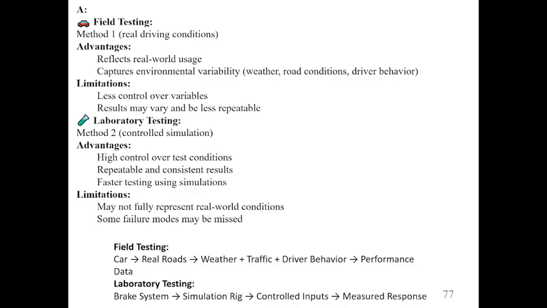So this makes it easier to isolate specific factors and analyze system performance, and you can know that laboratory conditions may not capture all real-world complexities, and some failure mechanisms might not appear in the model.